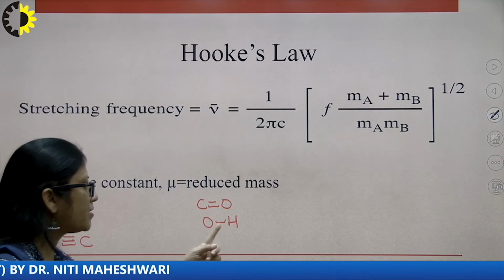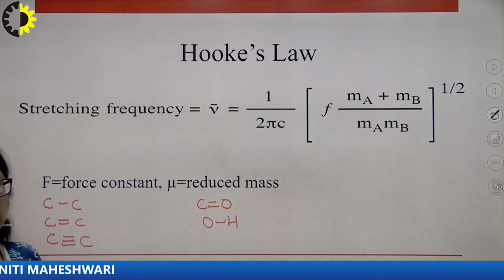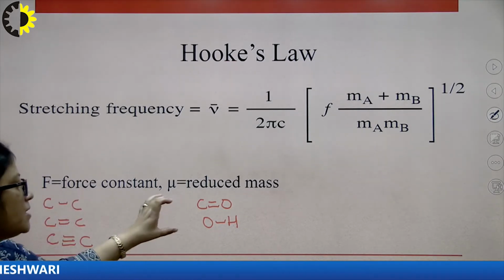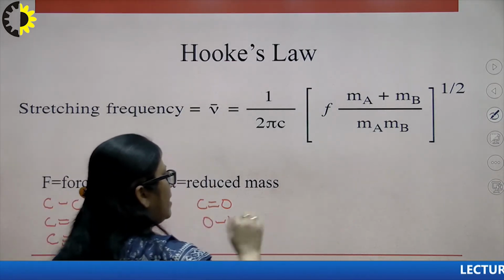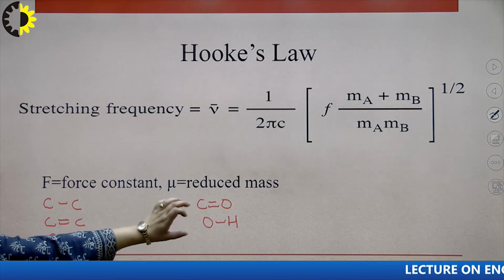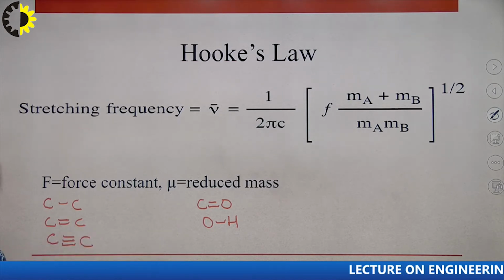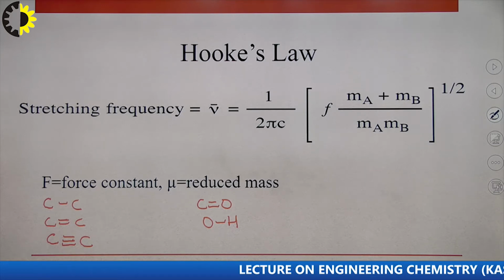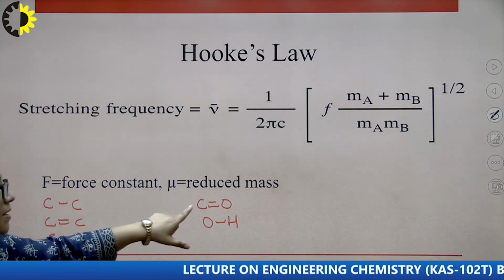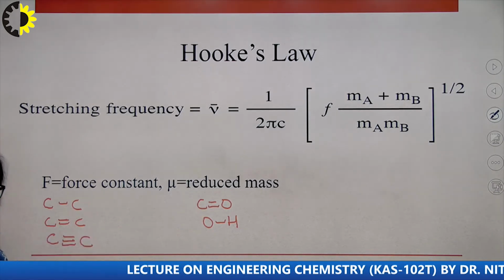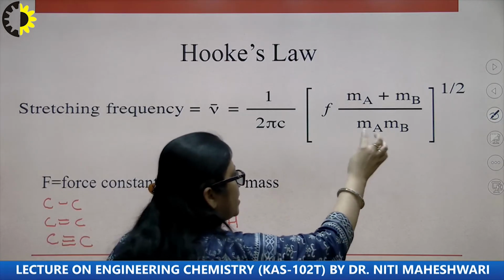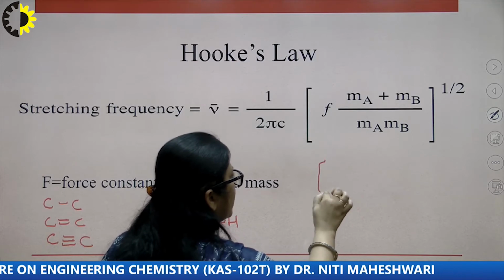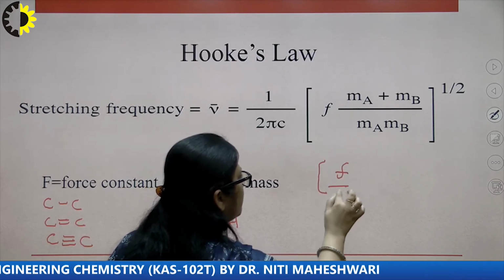Again oxygen is 16, hydrogen is 1. Now, in this case, you can see that mu is ma mb divided by ma plus mb. Now in this case, since the masses of the atoms are more, therefore mu, which is in the denominator, this equation finally becomes F upon mu.